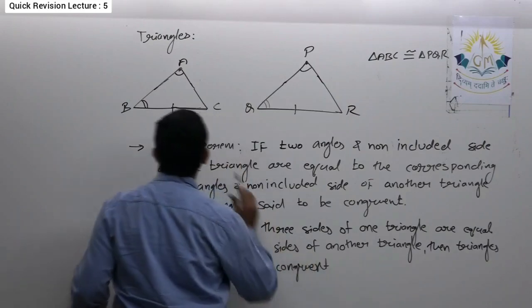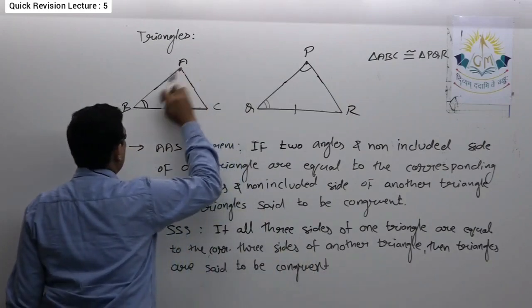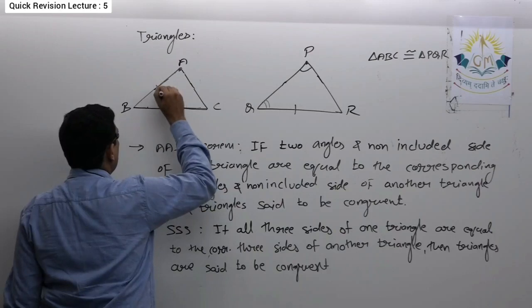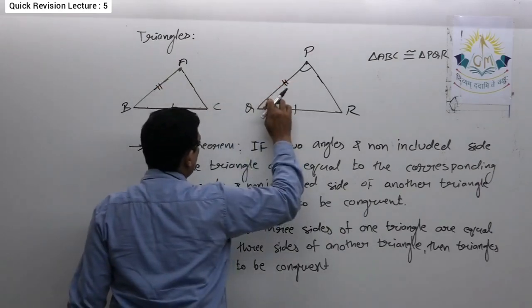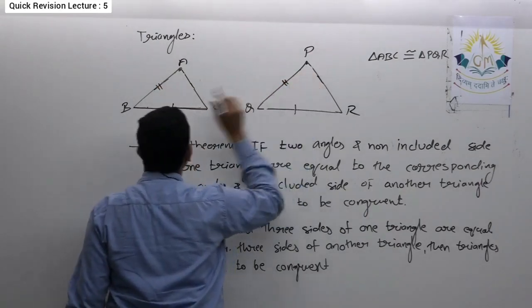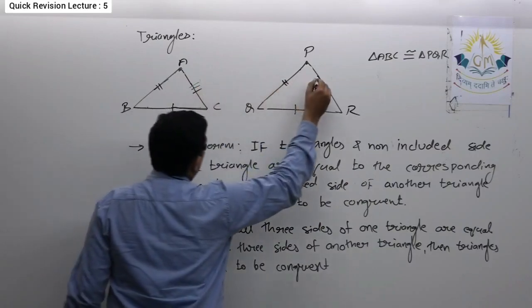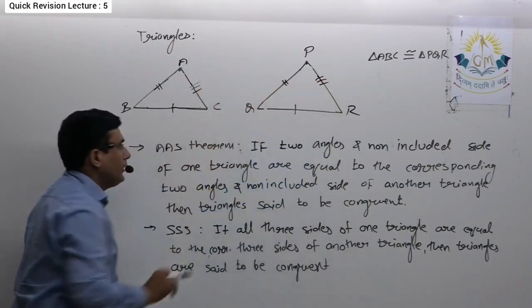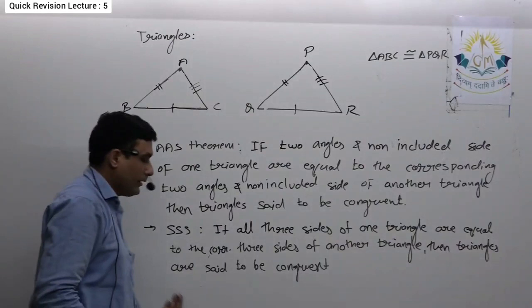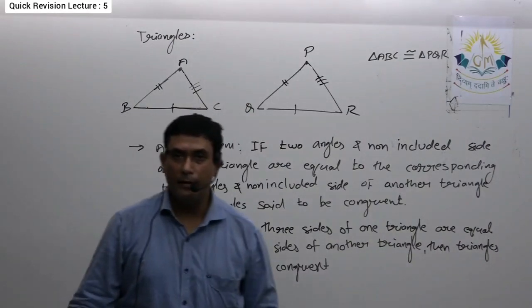For example, if in this triangle AB is equal to PQ, AC equal to PR and BC equal to QR, then we'll say triangles are congruent by side side side.